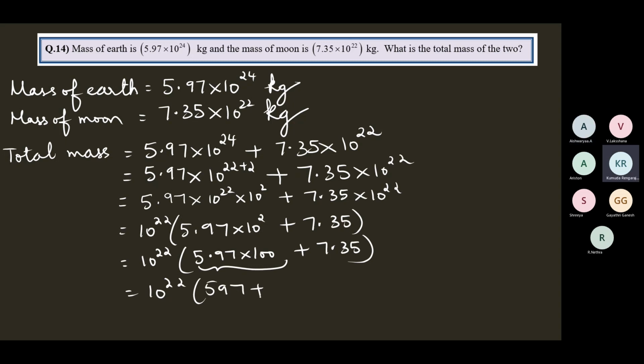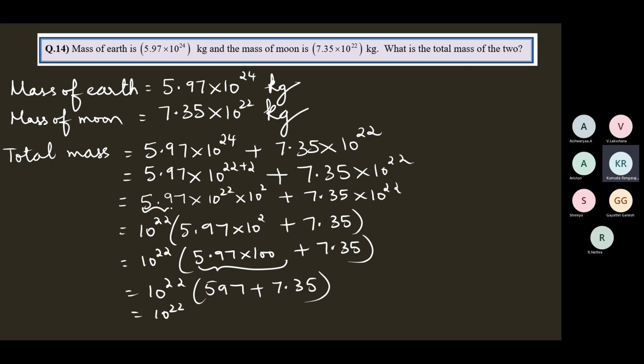I thought that 10 to the power 2 should come at the end. Yes, 10 to the power 2 in the end means after 7.35.